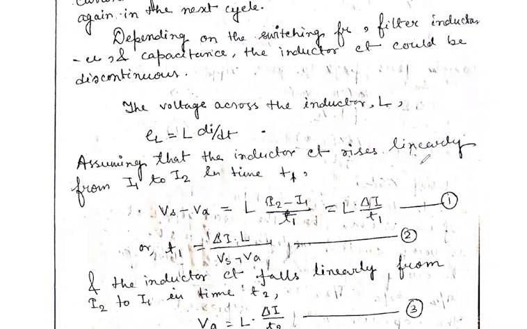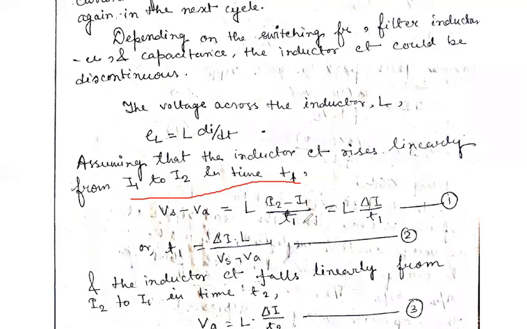Assuming that the inductor current rises linearly from I1 to I2 in the time t1, that means Vs minus VA, where VA is the output voltage, is equal to L into (I2 minus I1) by t1, which equals L delta I by t1.